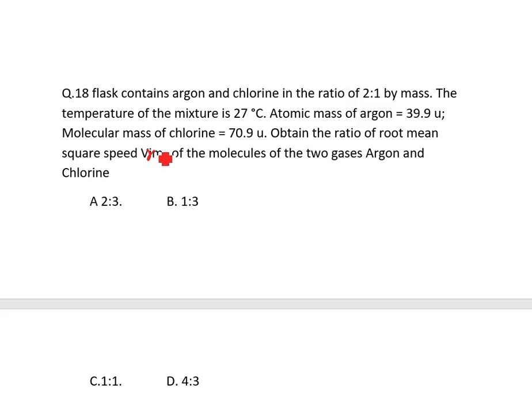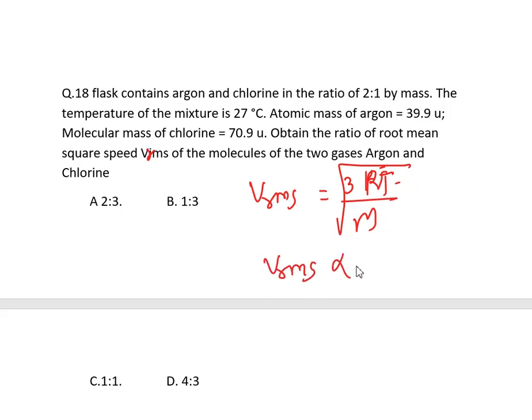Two materials are given, and we have to find the ratio of their RMS speeds. V RMS equals the square root of 3 kT, or you can write 3RT, by capital M, which is the molar mass. All the other quantities are constant, so V RMS is proportional to 1 by the square root of molar mass.